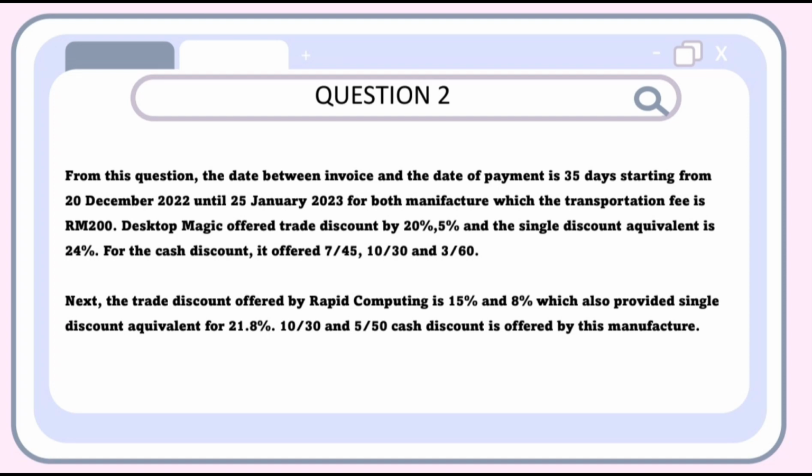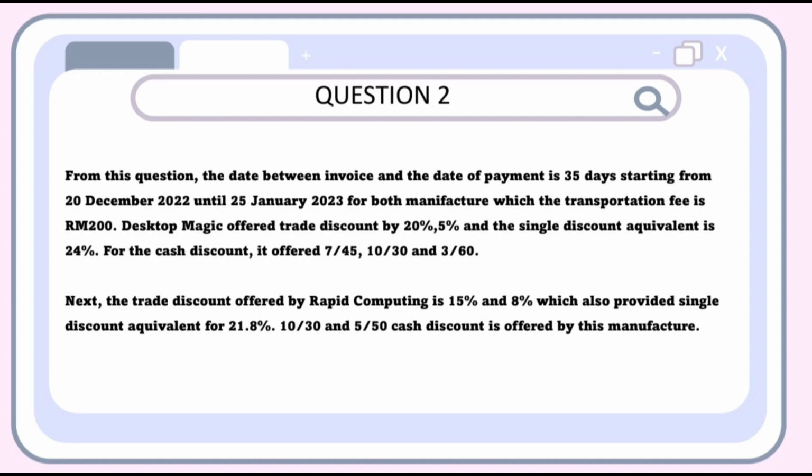From the question, the period between the date of invoice and the date of payment is 35 days, starting from 20 December 2022 until 21st January 2023 for both manufacturers, for which the transportation fee is RM200. Desktop Magic offers trade discount of 20% and 5% and the single discount equivalent is 24%.